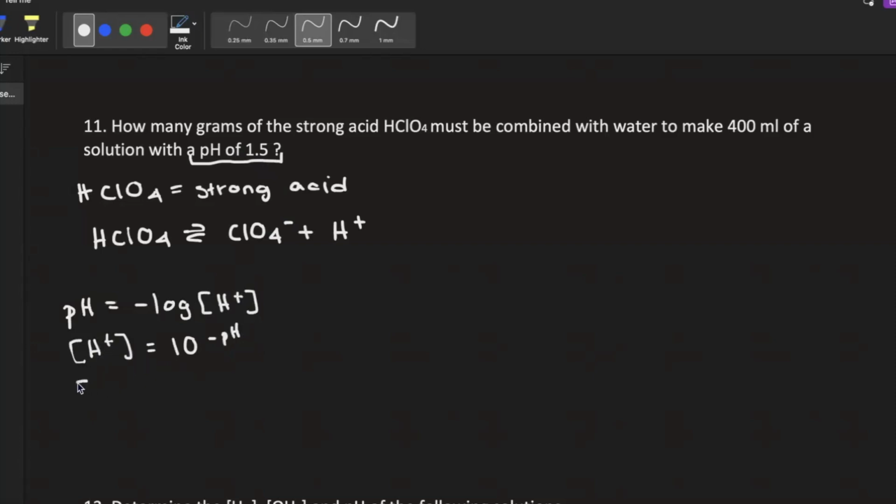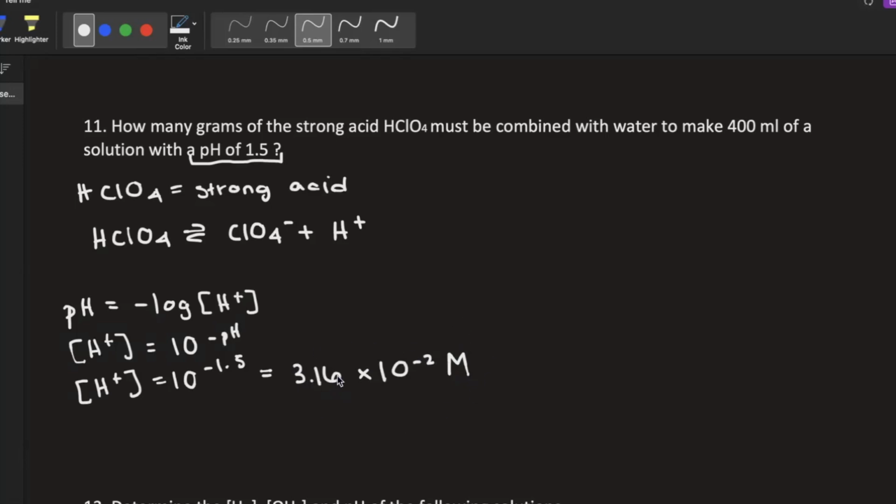So we do 10 to the negative 1.5, which is going to give us 3.16 times 10 to the negative 2 molarity.